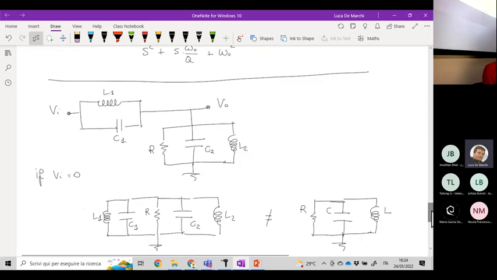But what about the zero positioning? We still have to apply the same machinery, based on the voltage divider effect between an impedance Z1 and the impedance Z2.